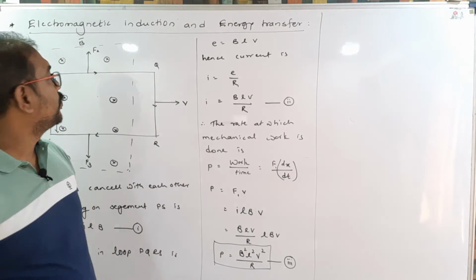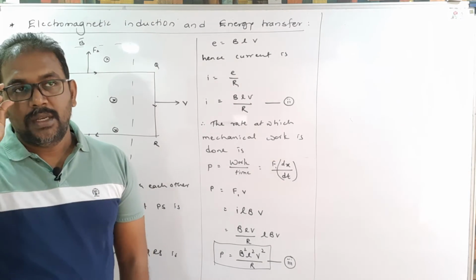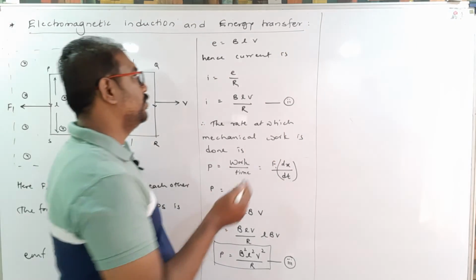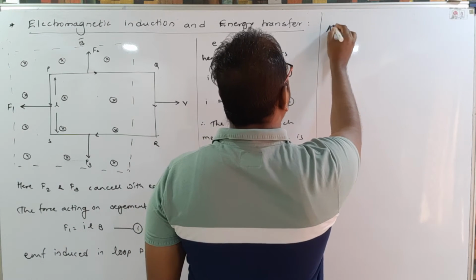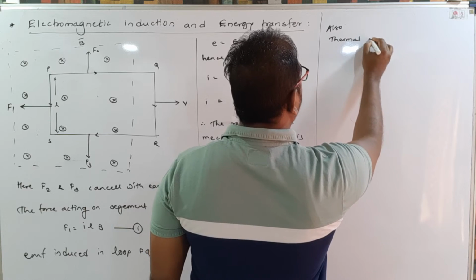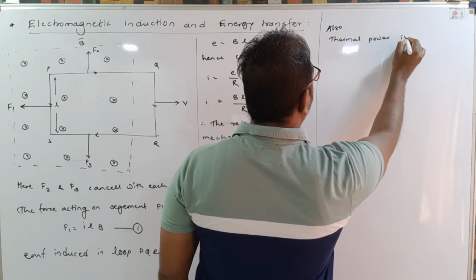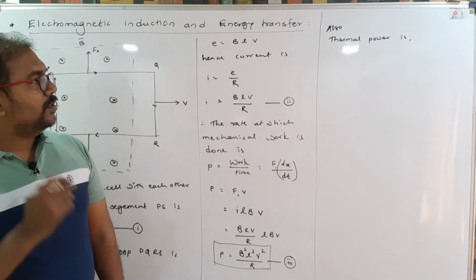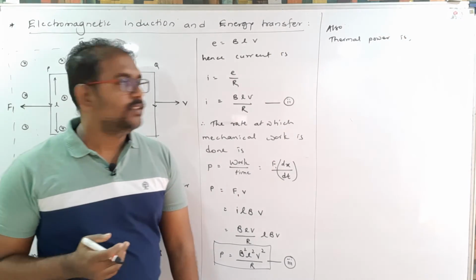In a similar manner, we can find the thermal power also. When current is passed through this conductor, the conductor gets heated, so we can find the thermal power.